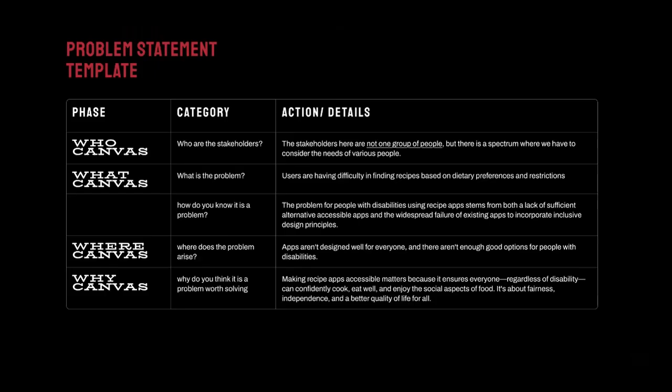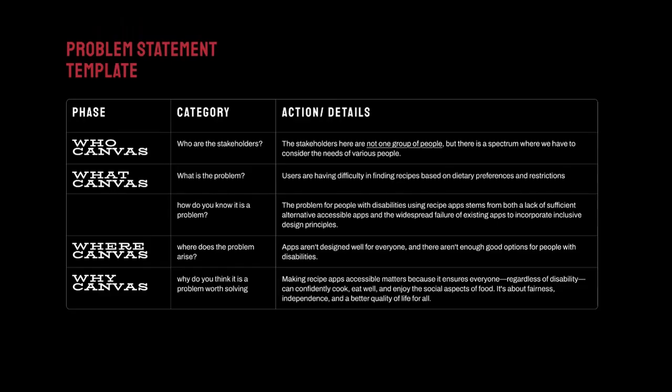What Canvas tells us about the problem, that is, what problem are these stakeholders having, which in this case is difficulty in finding recipes based on dietary preferences and restrictions. Another question it answers is how one got to know about this problem exists, which in this case is lack of sufficient alternative accessible apps and widespread failure of existing apps. Where Canvas is simple.